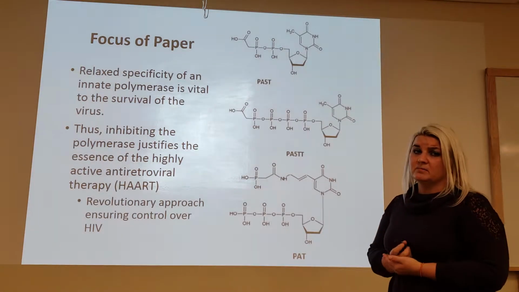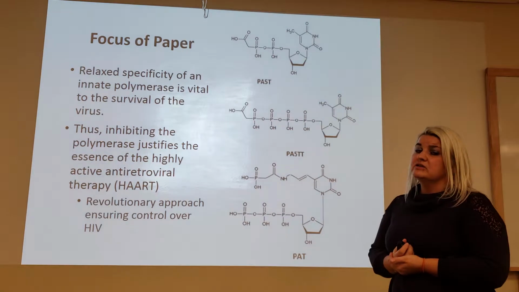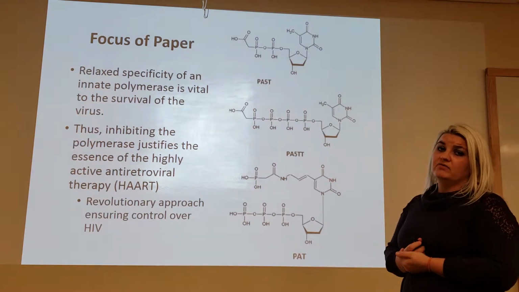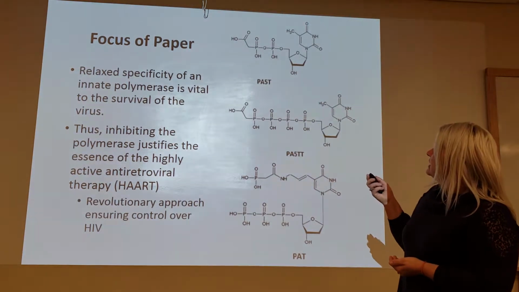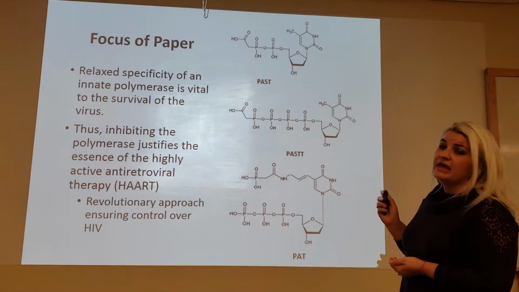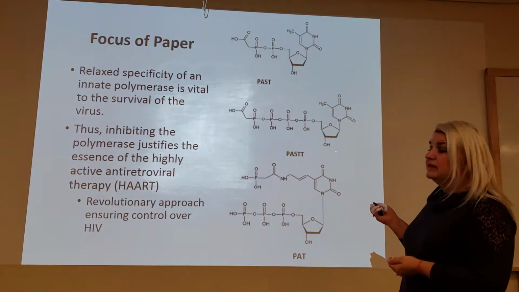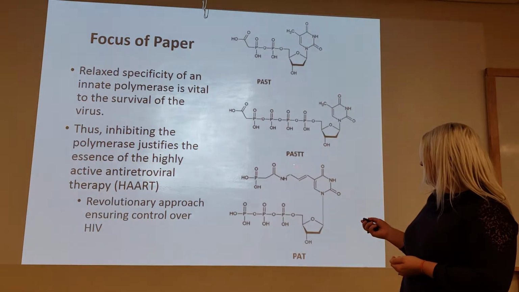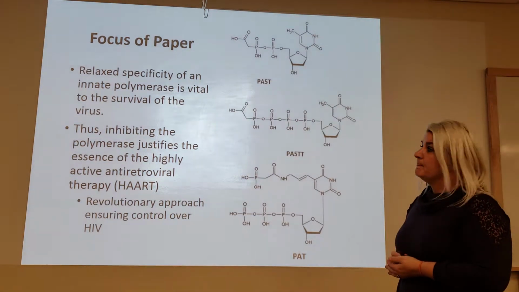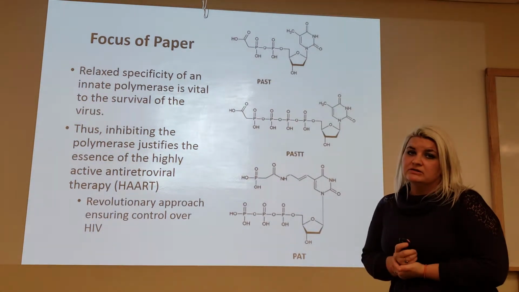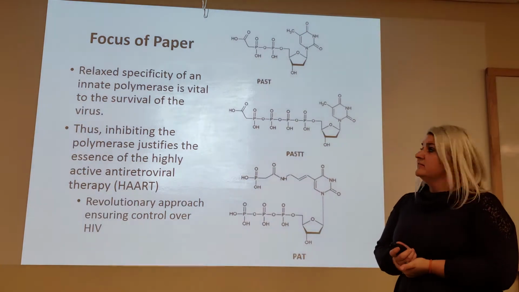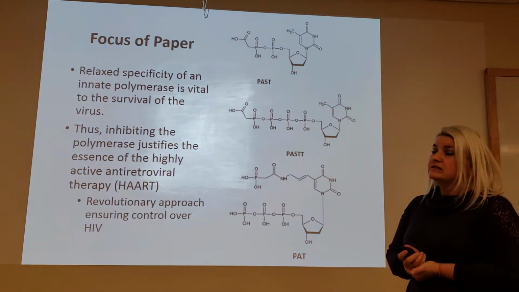So what's the focus of the paper? The paper will focus on 3 analogs of the pyrophosphate, and those analogs include these 3, PA5T, PA5TT, and PAT. So the paper states that there is a relaxed specificity of an innate polymerase.